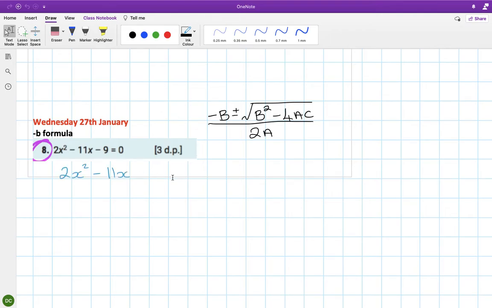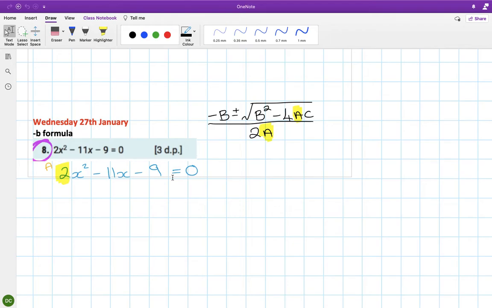Okay, so I want to get A first. So A is here in front of the x squared, and that 2 is going to have to go in here and here in the formula. Remember, don't take the x or the x squared, just the number in front.